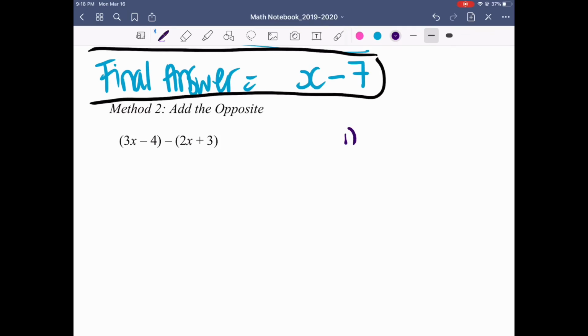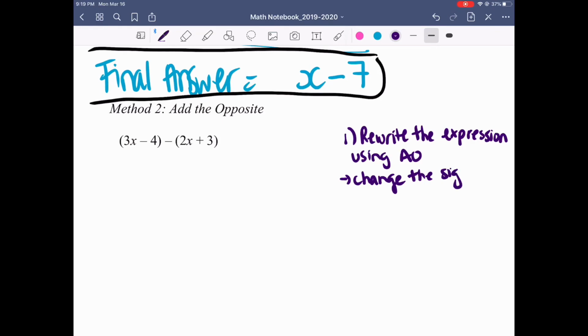Step 1 is to rewrite the expression using AO, so basically change the sign and write the opposite of the second polynomial.